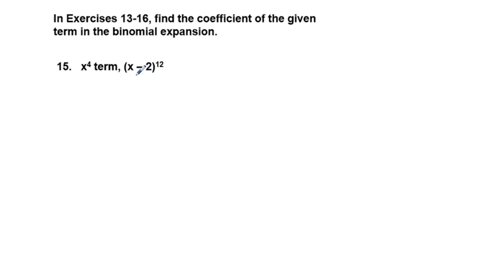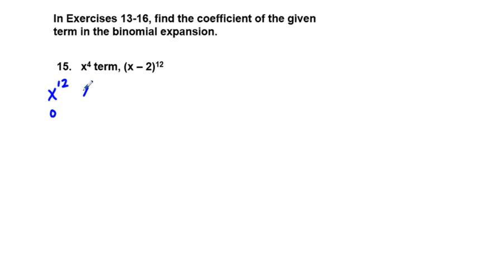Let's go on to problem 15. Find the x to the fourth term for the quantity x minus 2 to the 12th power. If we look at it like we did last time, first of all, our x to the 12th term is going to be our 0.